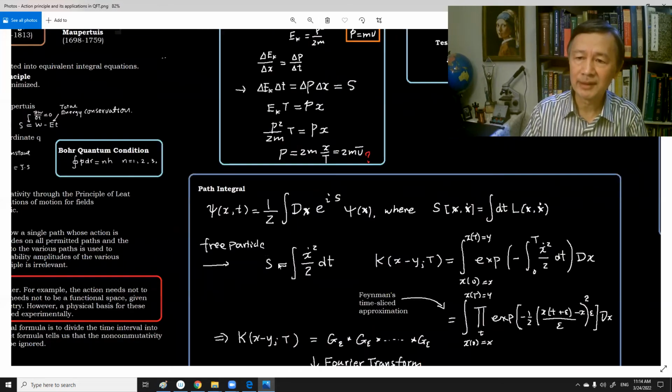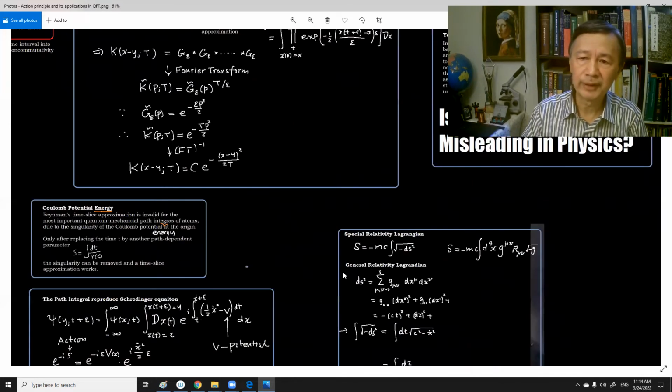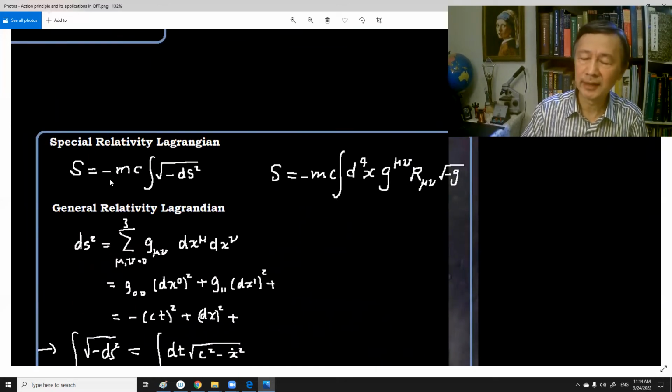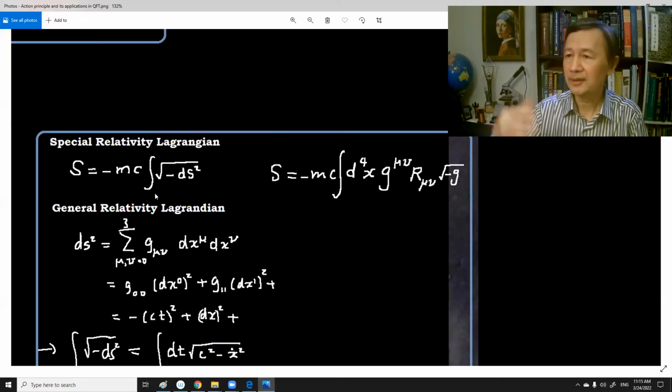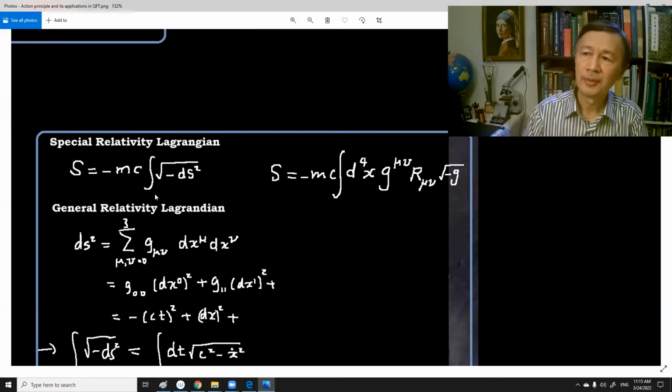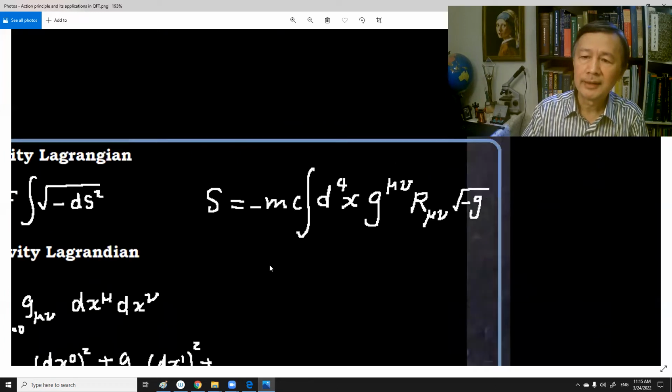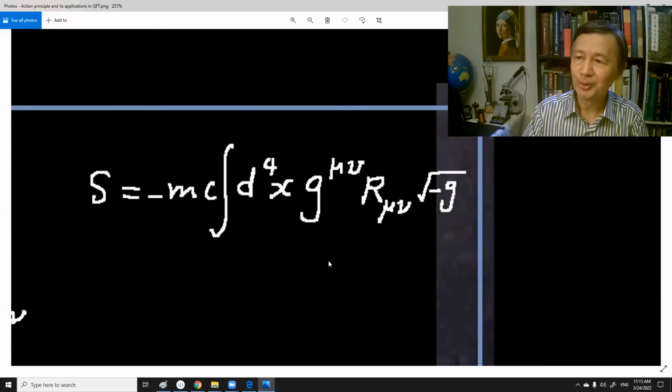So we just have a look at this form very briefly. In special relativity, the action can be written as negative mc. The reason we multiply by this mc is just to ensure that the dimension or the unit is consistent with joule and second. So this is the action in special relativity, and this is the action in general relativity.